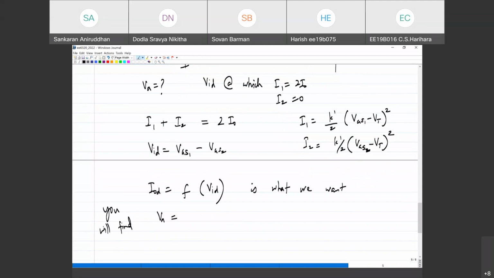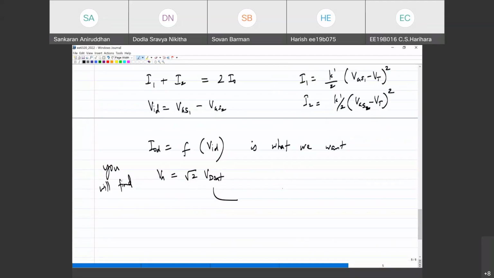Root 2 times that VGS VD sat. Correct. But what is this VD sat? So you'll find that this is some root 2 times this value, the nominal VD sat. In reality, this is a large signal operating point, but the nominal VD sat.